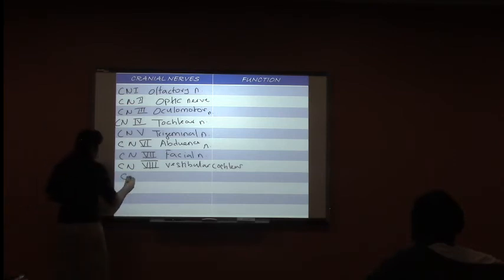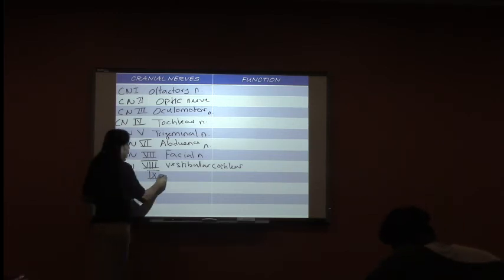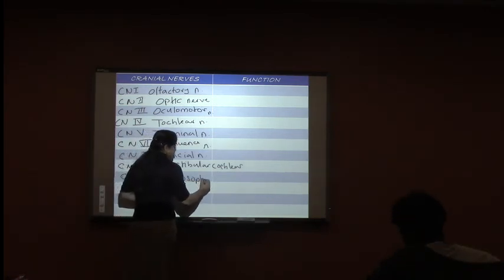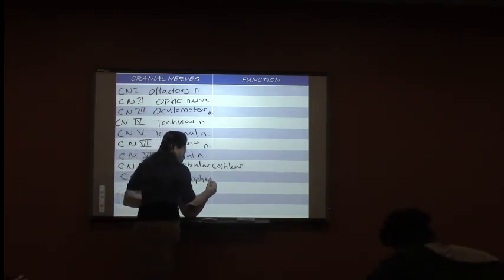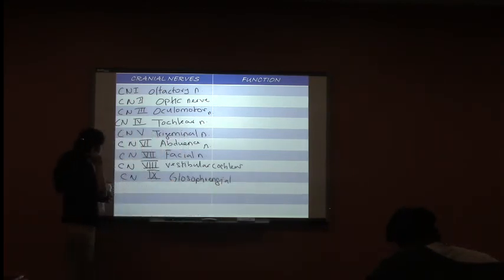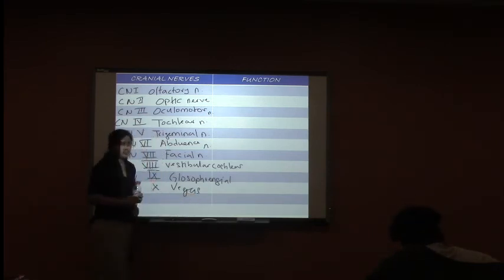Cranial nerve 9, glossopharyngeal nerve. Cranial nerve 10 is vagus nerve.